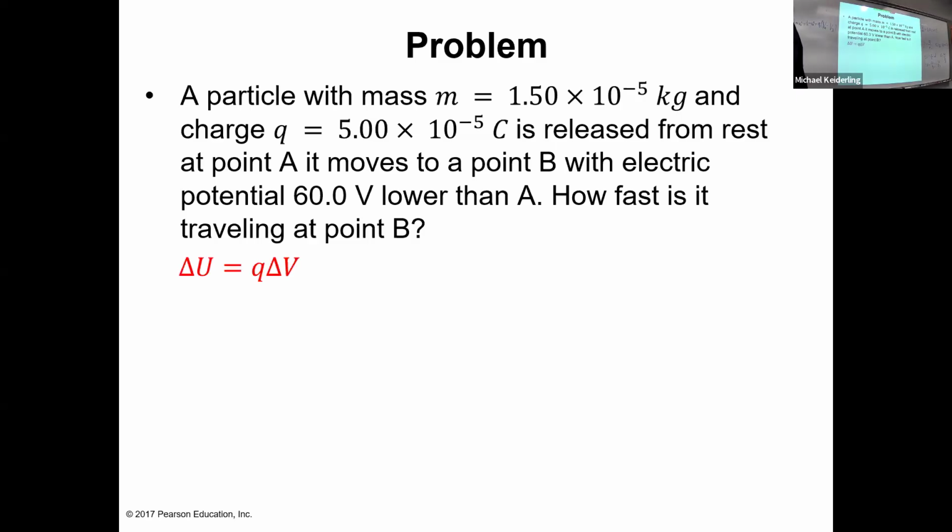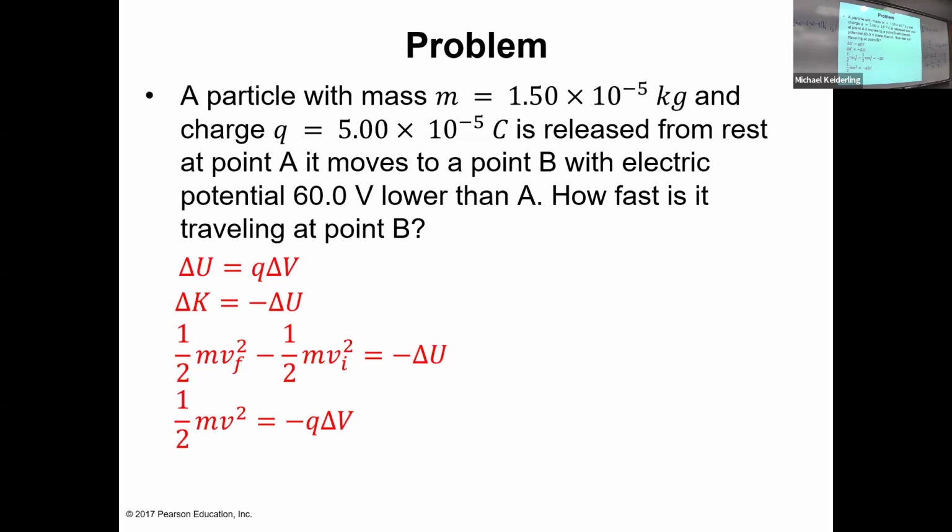So to start with, change in potential energy is charge times delta V. Change in kinetic energy is minus change in potential energy. So 1/2 mass times velocity final squared minus 1/2 mass times velocity initial squared is going to equal minus change in potential energy, or minus Q delta V. In this case, delta V is minus 60 volts.